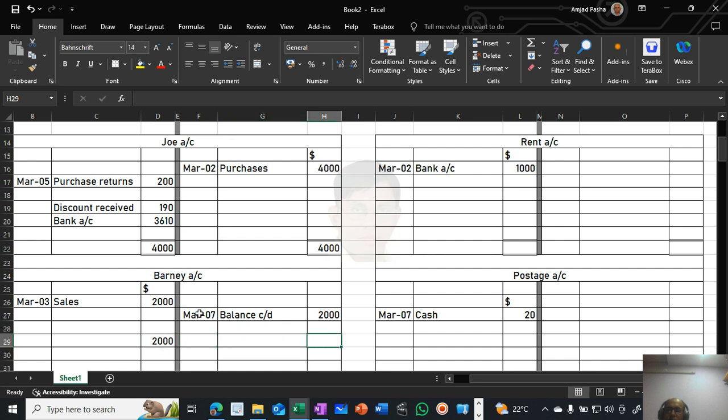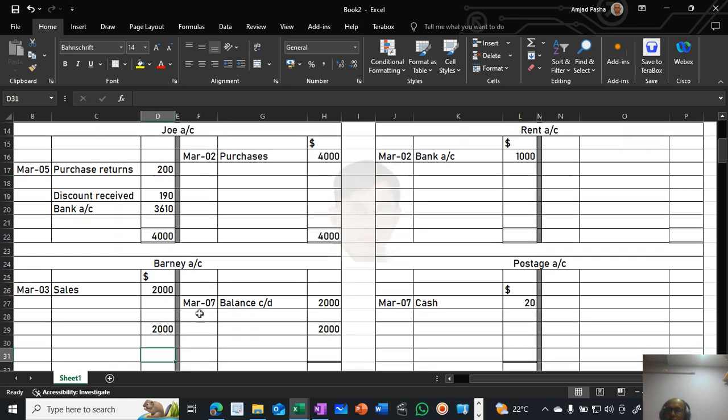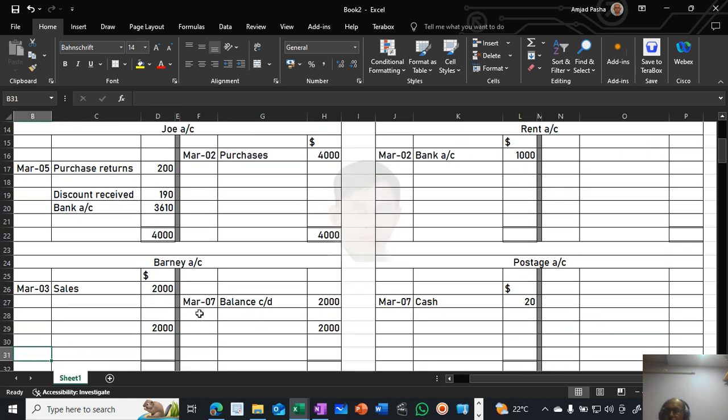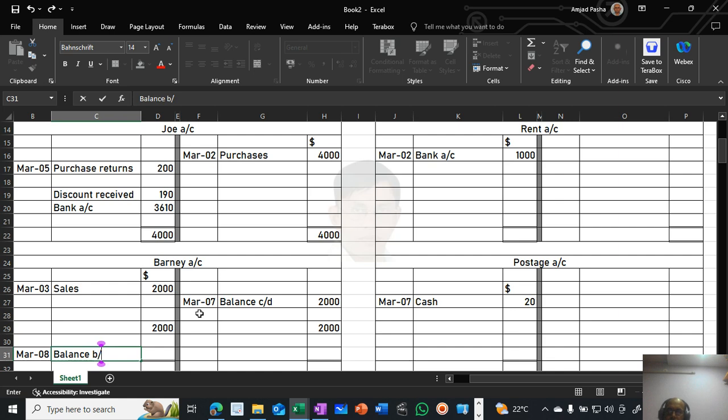Remember, the totals on both sides should be the same. On March 8th they become opening balances, that is, balance brought down. We have to bring down the balance, which is 2000.